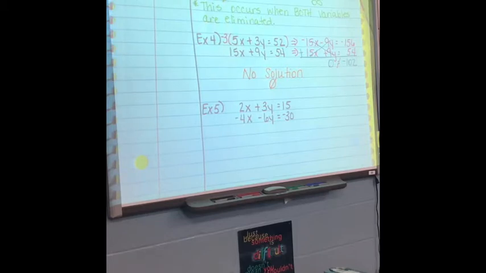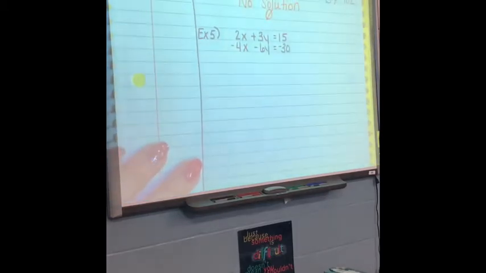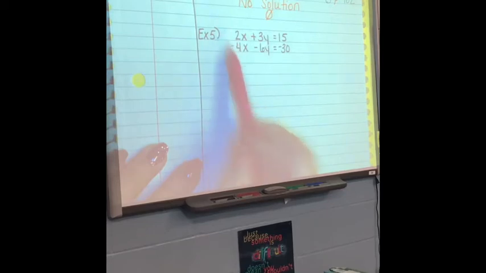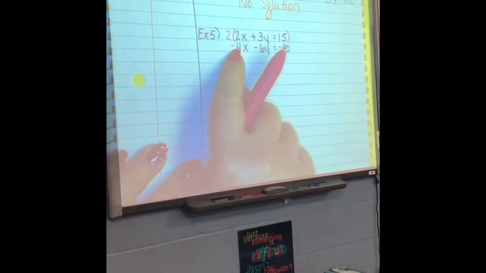So I have 2x plus 3y equal to 15 and negative 4x minus 6y equal to negative 30. So when I look at this one, let's eliminate the x this time. What am I going to have to multiply 2x by to get it to be the opposite of negative 4x? Positive 2. I already have a negative, so this one's going to be positive.